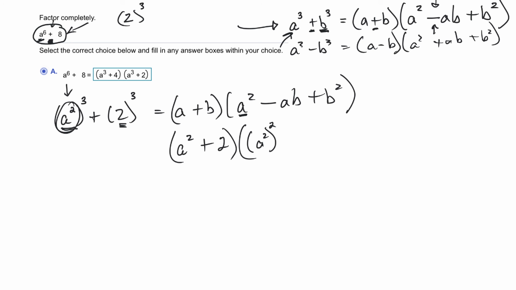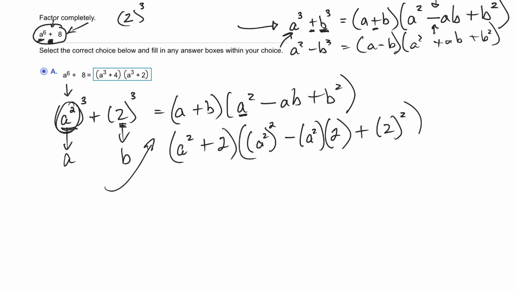Touch confusing. Minus, okay, a is a squared. And b, I should have done that. This is a, this is b, for when you're plugging them in over there. B is a 2, plus b is a 2 again, squared. So the first part I just leave. And then this will become a to the 4th. This would be minus 2a squared plus 4.